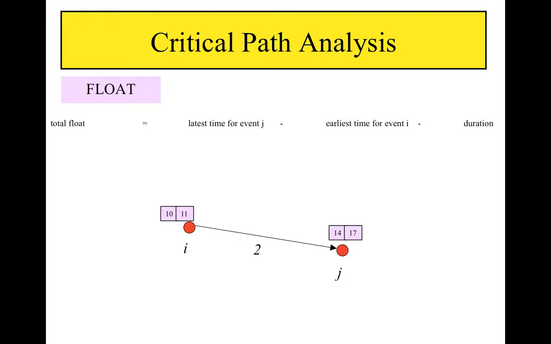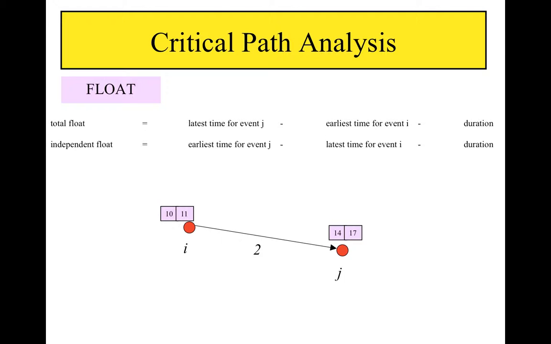Then, for an activity ij, which starts at point i and ends at point j, the total float is defined as the latest time for event j minus the earliest time for event i minus the duration of the activity. In the example shown here, this would be 17 minus 10 minus 2 equals 5.